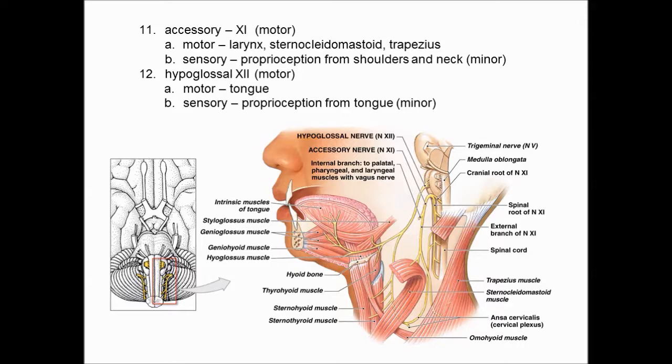Finally, hypoglossal, again, the term glossal means tongue, and it gives motor activity to the tongue and sensory or position activity to the tongue, but again, that's pretty minor, so it's classified as a motor nerve, and it originates also from the medulla. It's right on the superior part of the medulla. Nice picture of it right there, and then accessory right here.